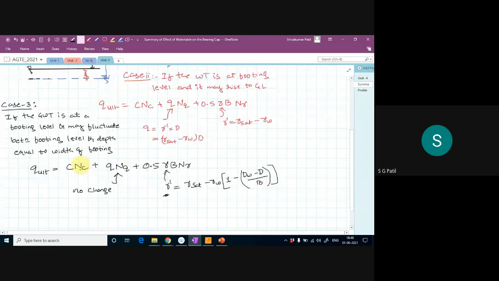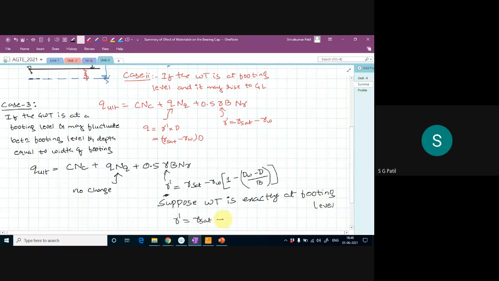Suppose the water table is exactly at footing level. What will happen to this equation?